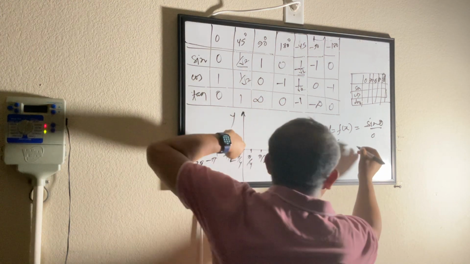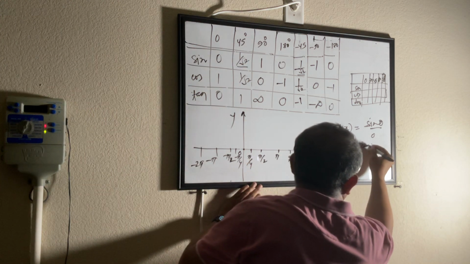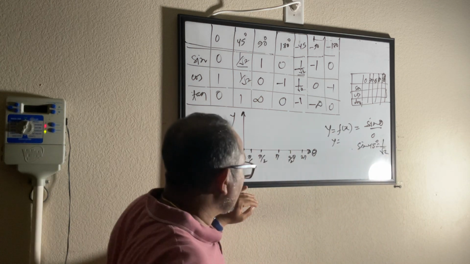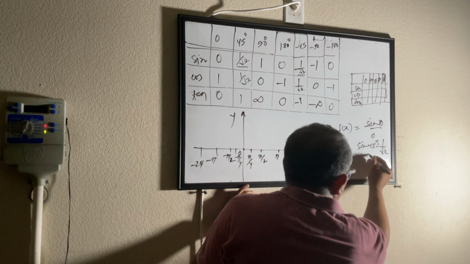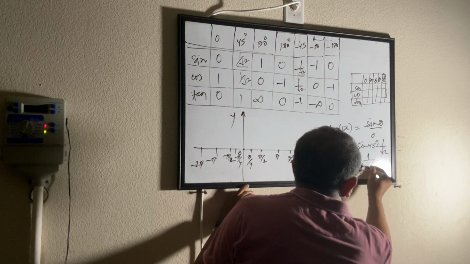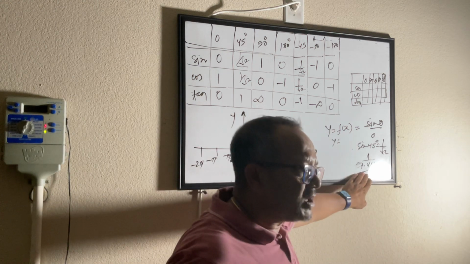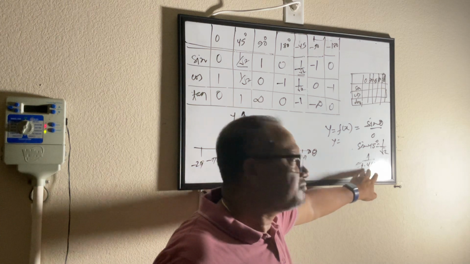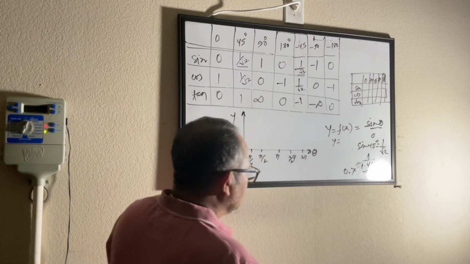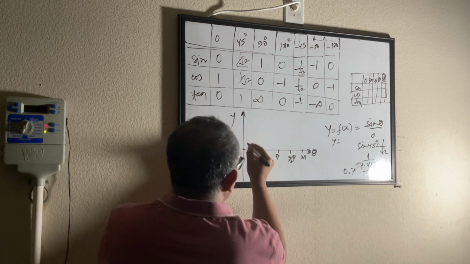When theta is 45 degree, sine 45 degree is nothing but 1 by root 2. 1 by root 2 is like 1 by 1.414 something, approximately something like 0.7. I am just rounding it. So when theta is pi by 4, let's say this is 1.